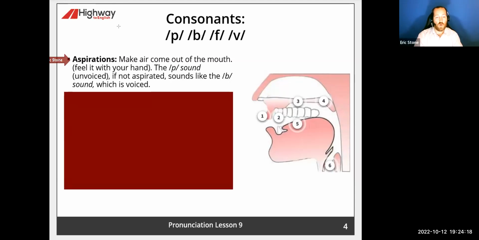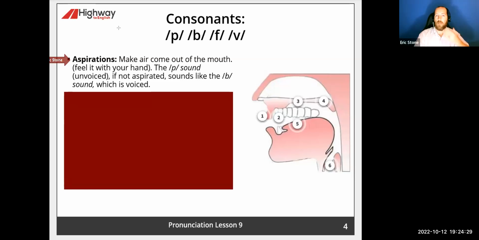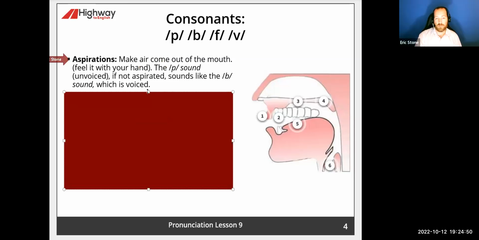Something really helpful is having a little piece of paper, or you can use your hand. The goal is to blow air out of the mouth. You're just going to breathe. Air should come shooting out of the mouth. That's it. Unvoiced. That's called an aspiration.